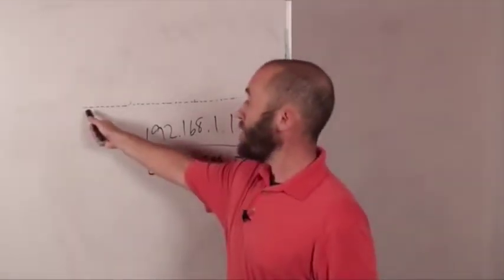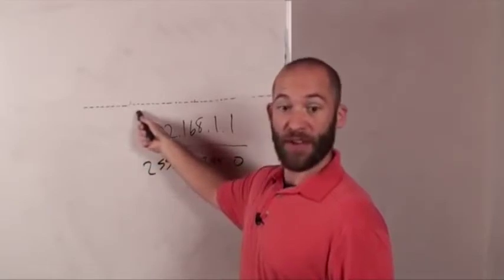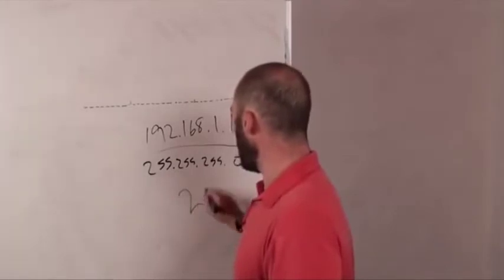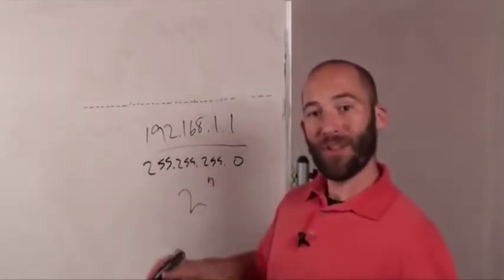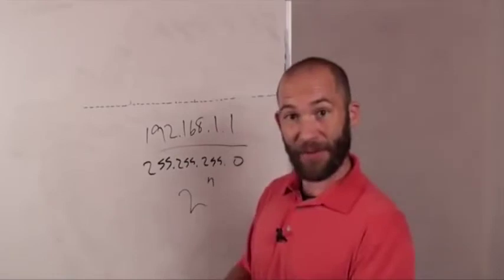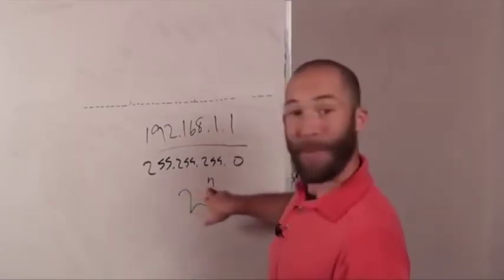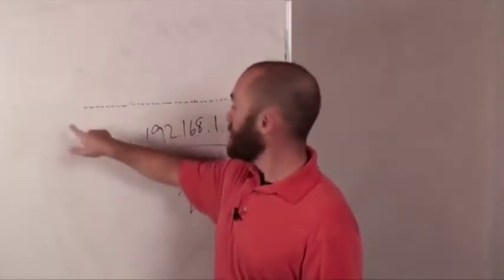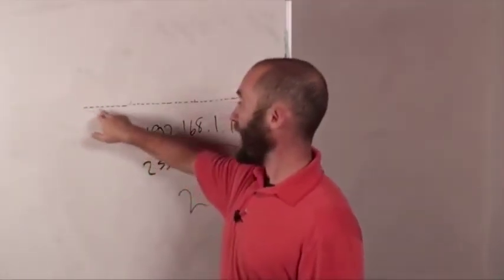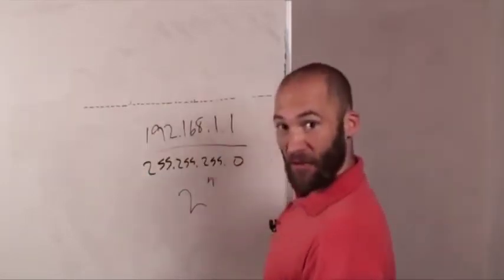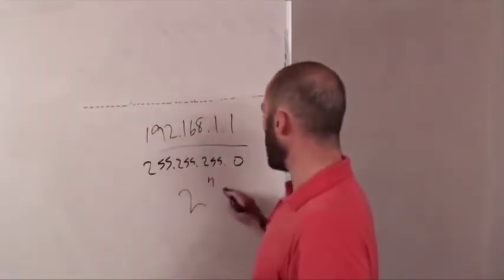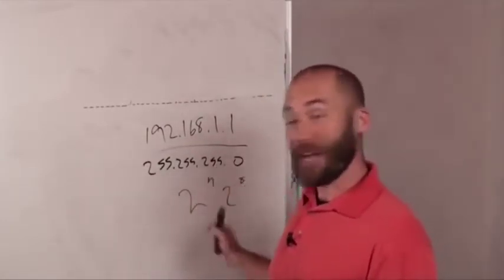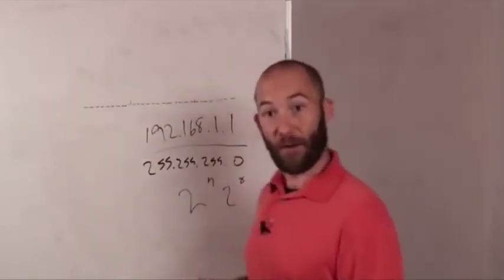So depending on how many bits you use for your network, there is an equation, and for the networks, it is 2^n. So the total number of subnets you can have is 2 to the power of however many bits you have used for the subnet. So let's say you want to use the first 8 bits out of the 4 octets for a subnet. So it would be 2 to the 8th. And that will tell you how many subnets you can have on this network.